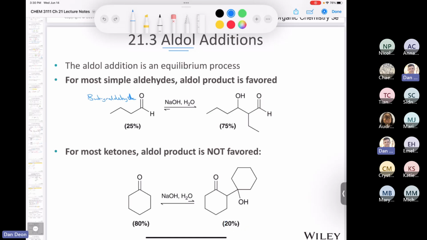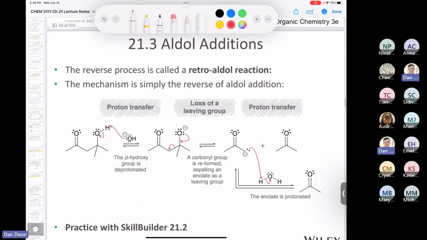So it's a very low yielding reaction, and low yielding reactions are kind of not very useful for us, are they? And if you're wondering, well, what's going on if I form the aldol? How do I go back to the ketone? The answer is, if you remember, we talked about that any mechanism in the forward direction is going to be the same in the reverse direction, and we call that the retroaldol reaction.